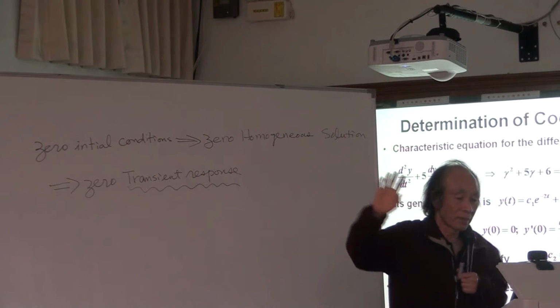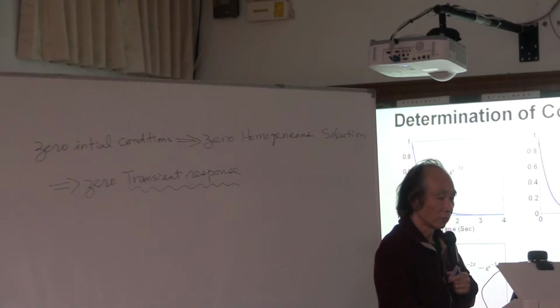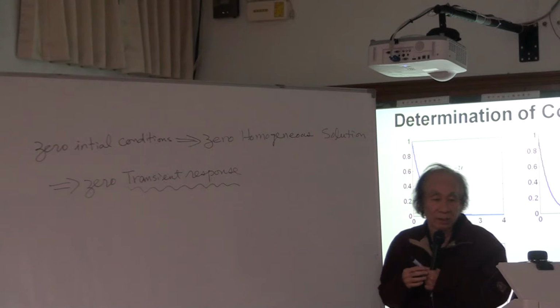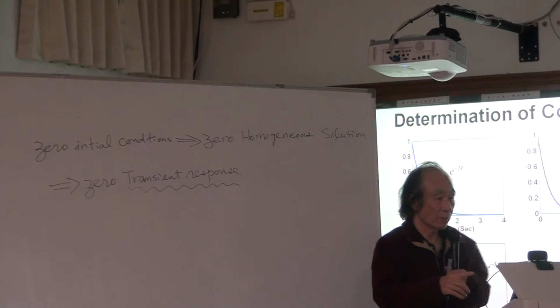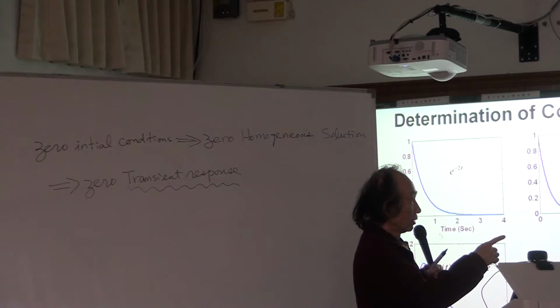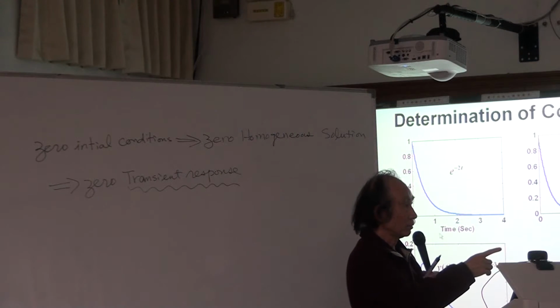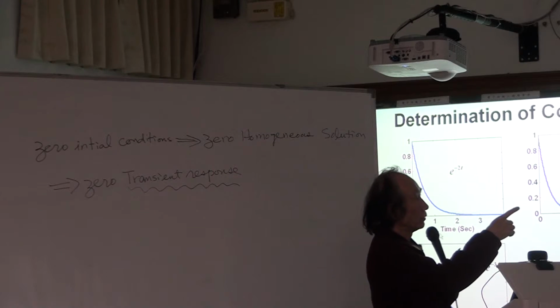Now, I'm talking about physics. I assume that you know how to solve all this. But for this kind of transient response, the system decays in about 4 seconds.